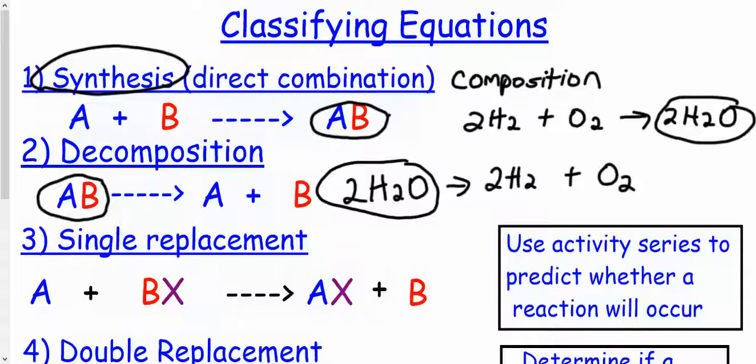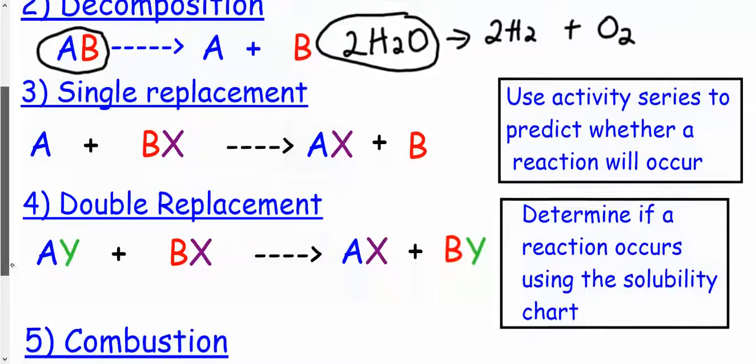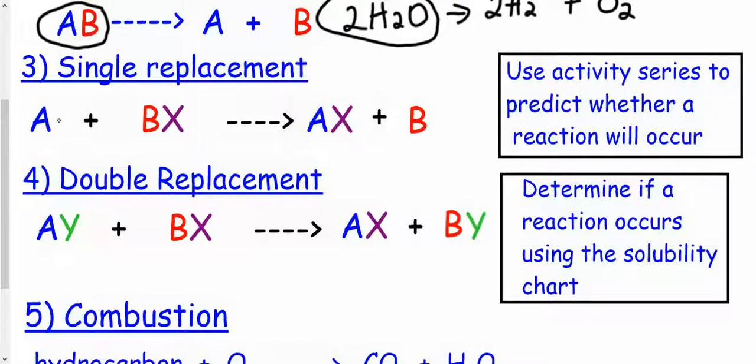Single replacement: you'll only have a single element combining with a compound. On the right side you'll have a different single element. What's actually happening here is A is taking B's place in the compound. So now A is combined with X on this side and B is alone.